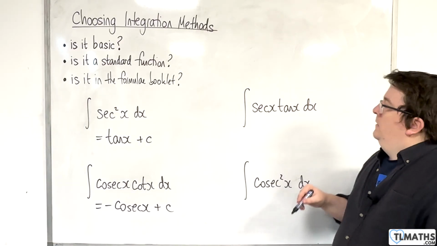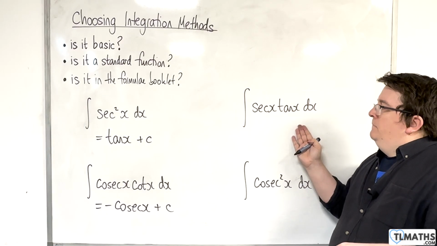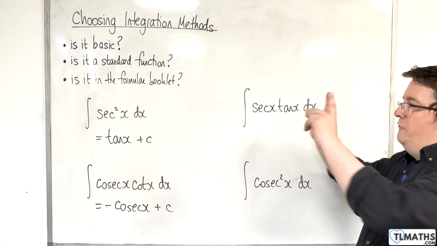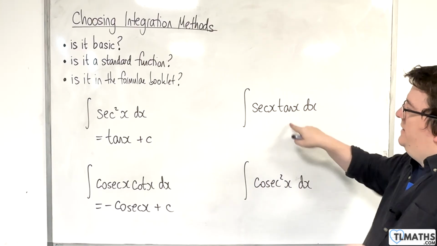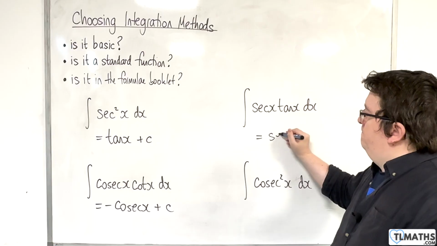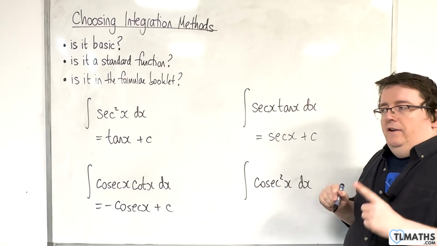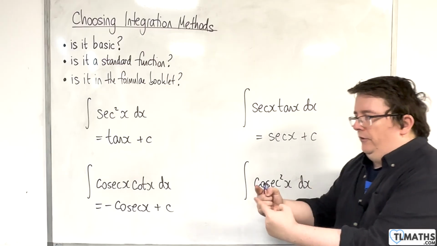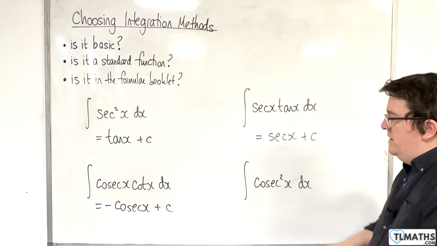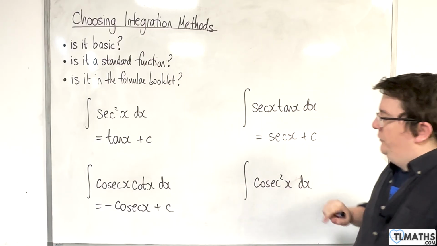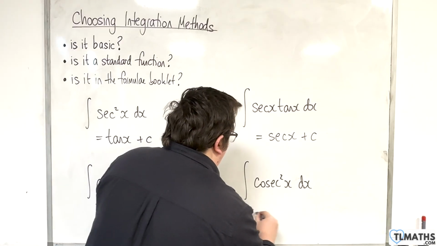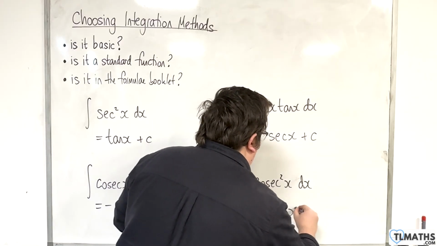Sec tan, well, sec differentiates to sec tan, so sec tan must integrate to sec. And lastly, we know that cot differentiates to minus cosec squared, so cosec squared must integrate to minus cot x plus c.